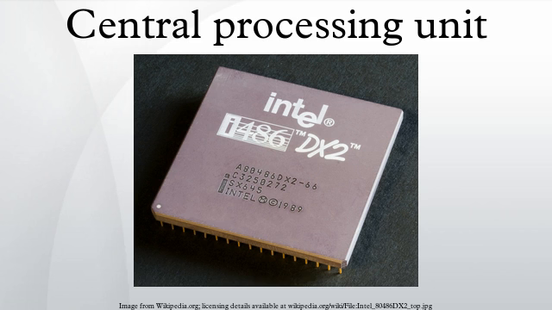While the complexity, size, construction, and general form of CPUs have changed enormously since 1950, it is notable that the basic design and function has not changed much at all. Almost all common CPUs today can be very accurately described as von Neumann stored program machines.